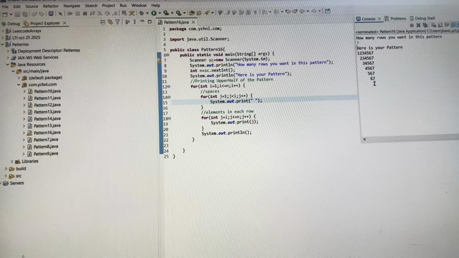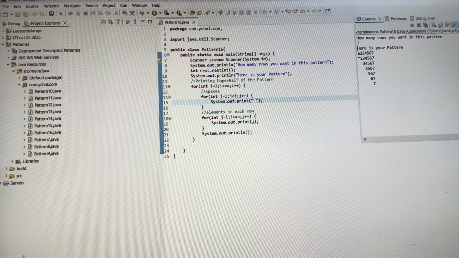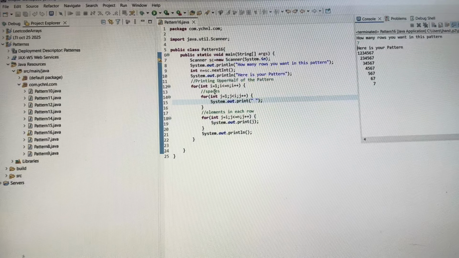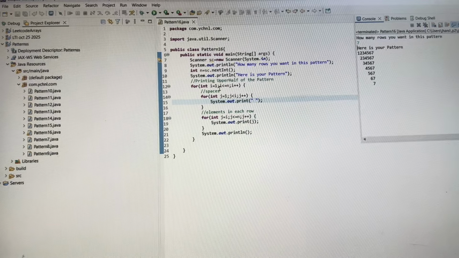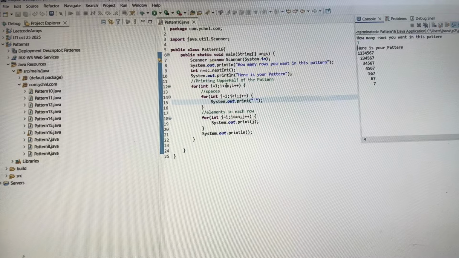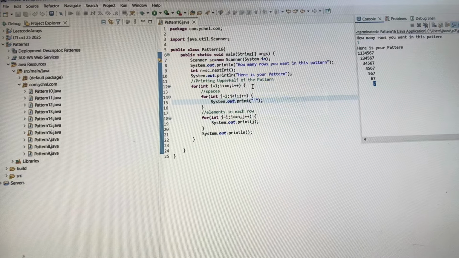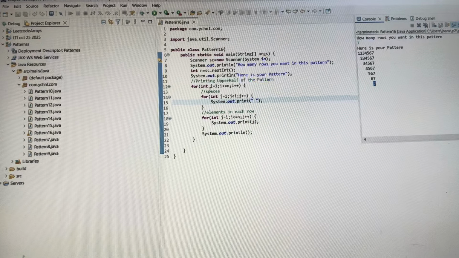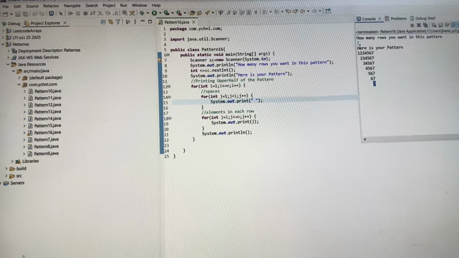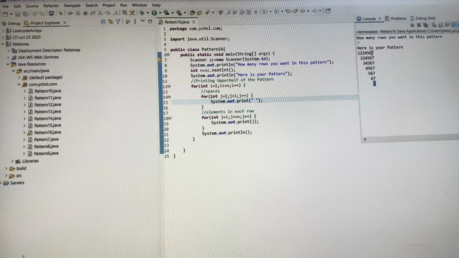If you observe the first element of each row, those are in increasing order, right? So that's why I have written i equal to 1, i from 1 to 7, i less than or equal to n, and i plus plus. This is for the rows, and for i equal to 1, the elements in each row are in increasing order.